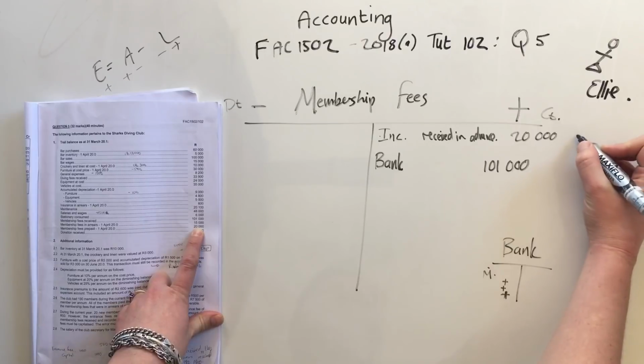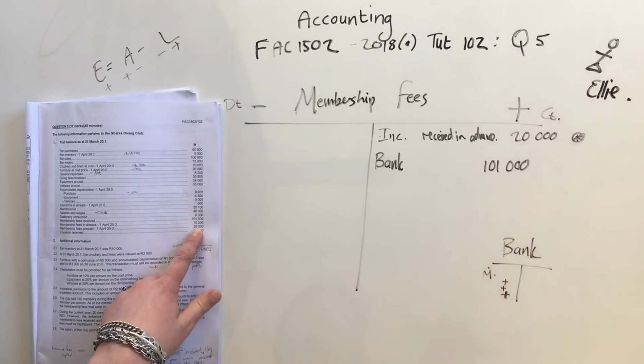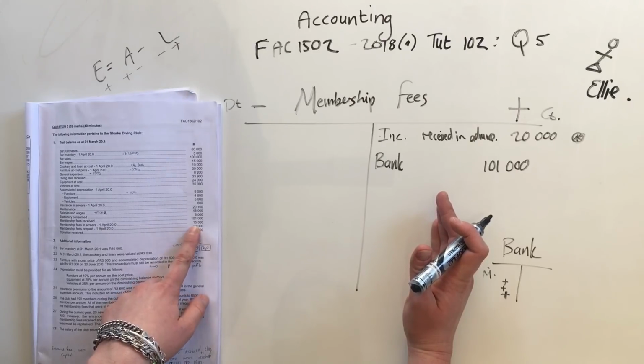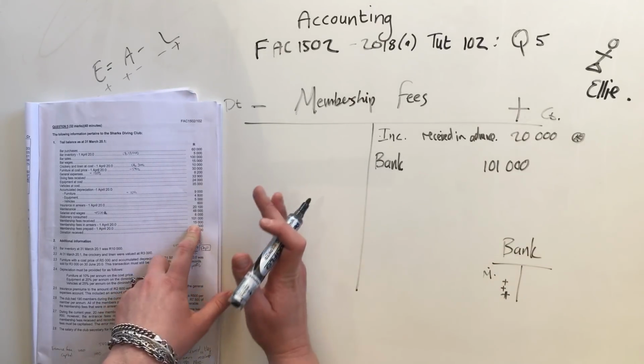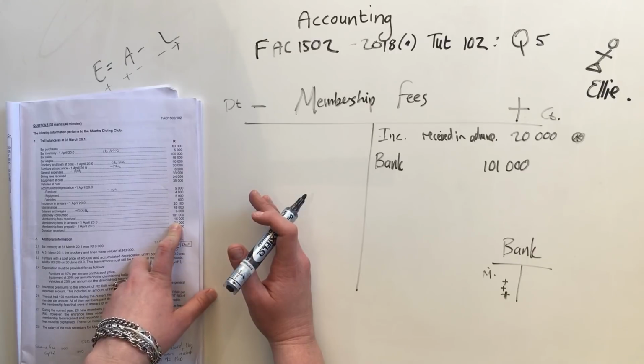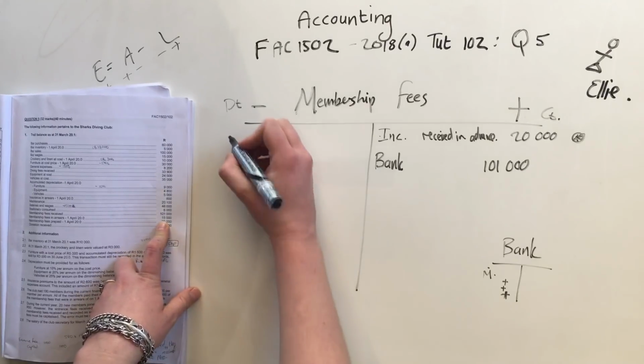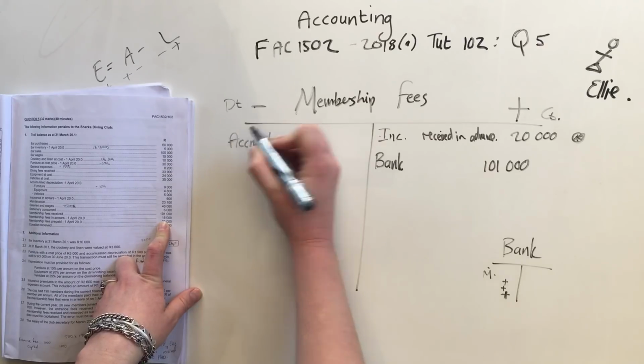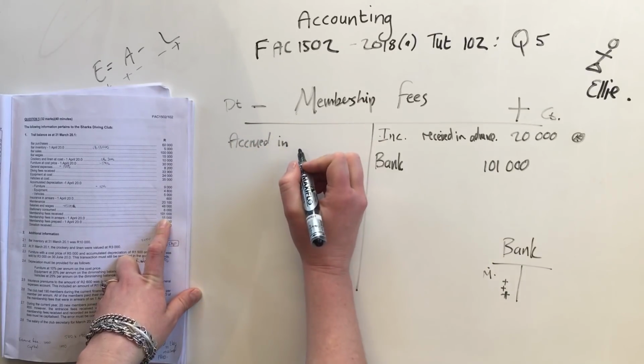That was paid last year already, but it was paid for this year, which means it has to go this side. Then there are also membership fees that were never paid, in arrears. That is accrued income, income owed to us, accrued income of 15,000.